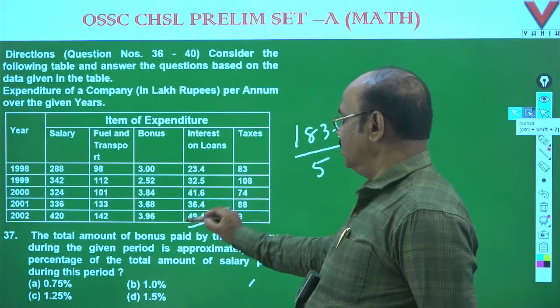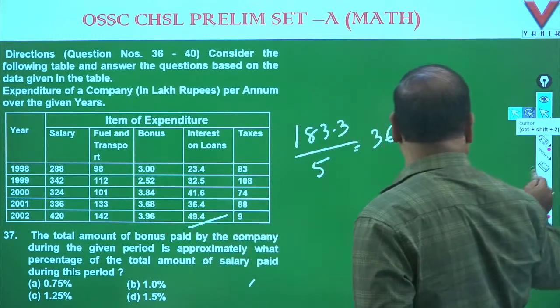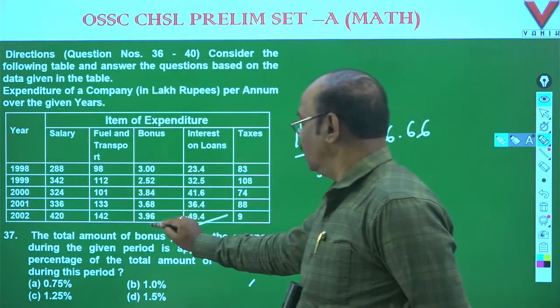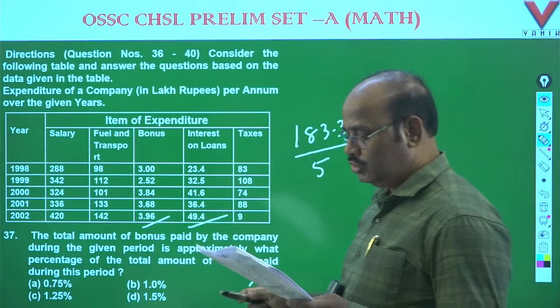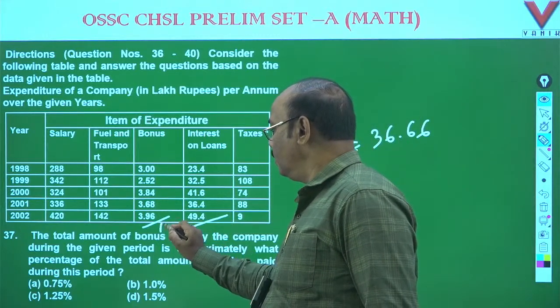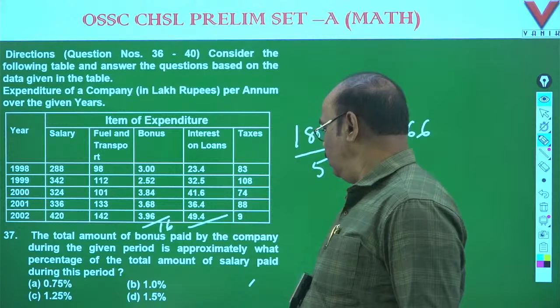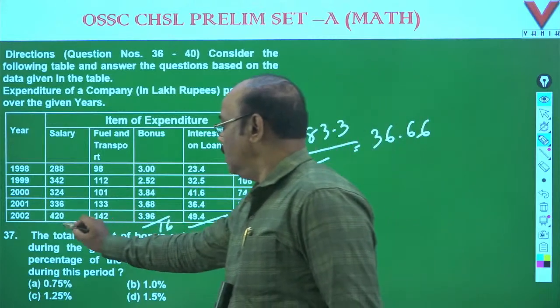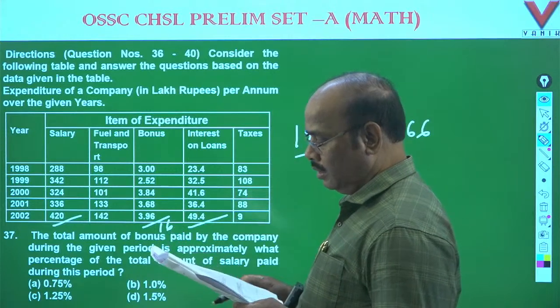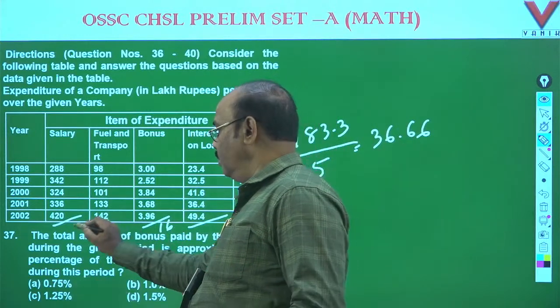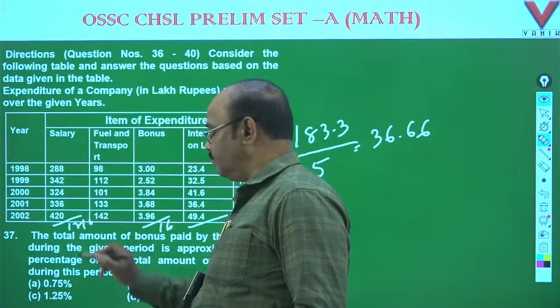So total bonus is 16 lakhs, and total salary paid is 1710.